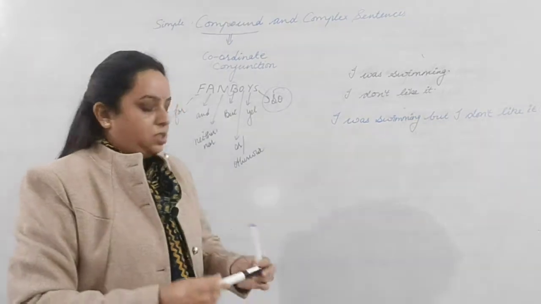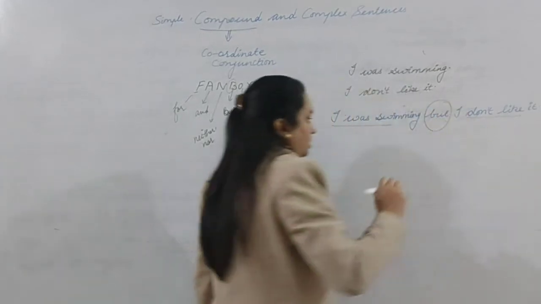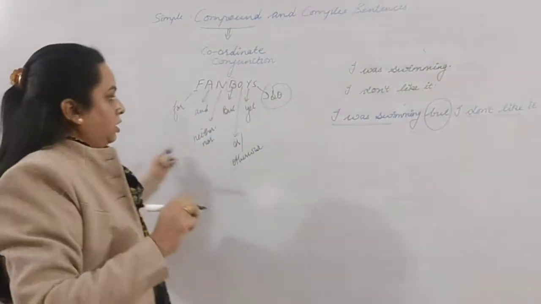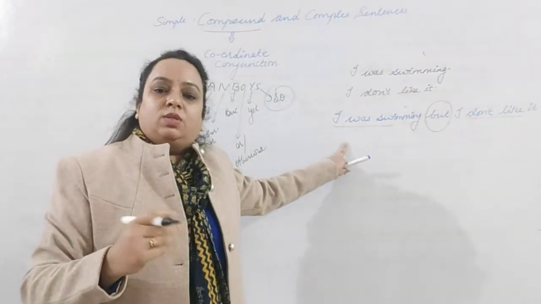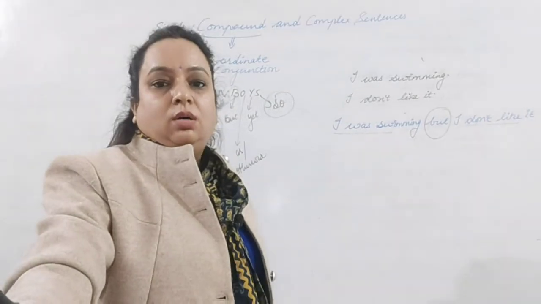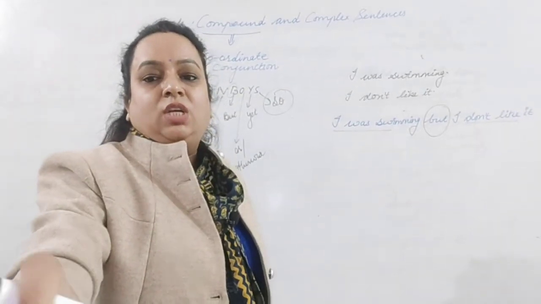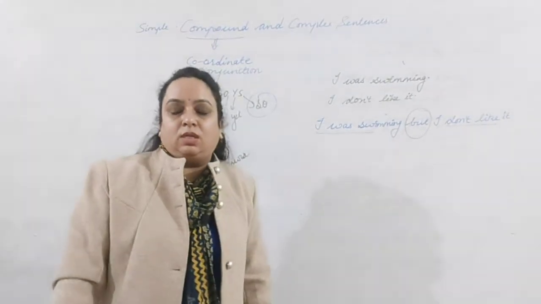The type of the sentence is compound because we have joined these two sentences with the word that is called conjunction, and this is of the category of fanboys. So the new framed sentence is what type? Compound sentence, right? So this is the way you have to transform these simple sentences into compound sentences.